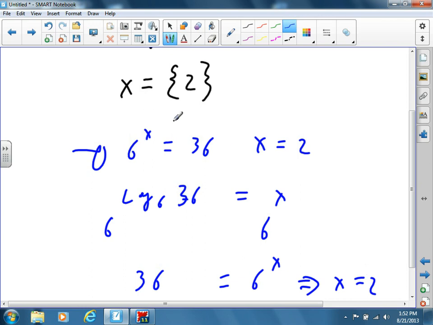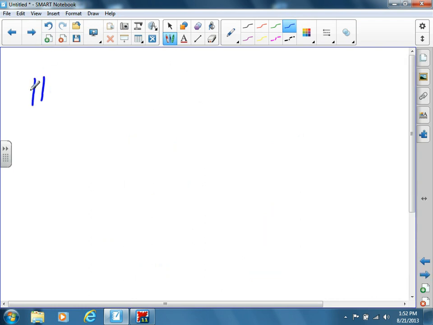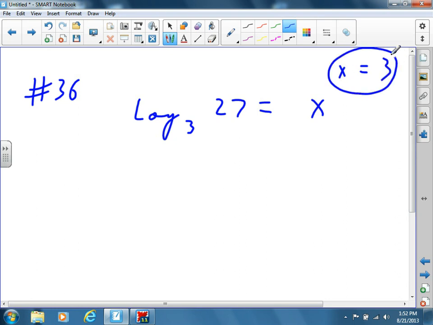We're going to do number 36 next. Log base 3 of 27 is x. Now we already know the answer, right? The answer is 3. What about 9? 9 times 3 is 27 too.